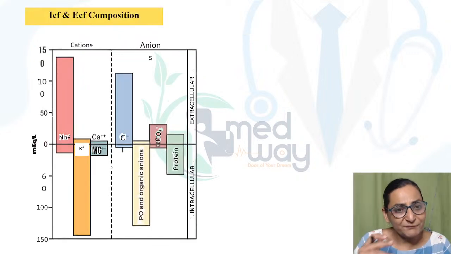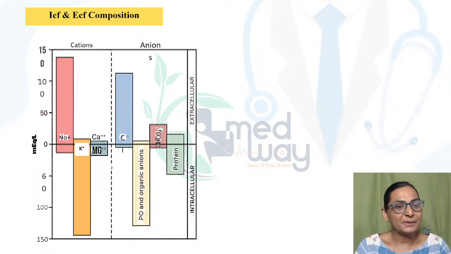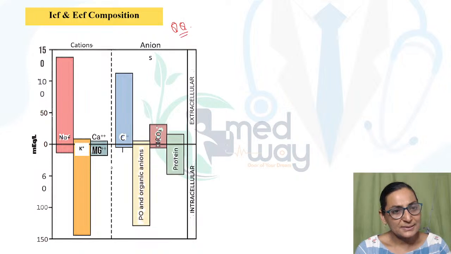Now, before we go deeper, it is very important that this should be nicely known to you. Even if you go through your FMG questions, or the questions asked in your NEET-PG, very importantly, it is asked what the major ions, that is cations and anions, in the ECF and ICF are, right?